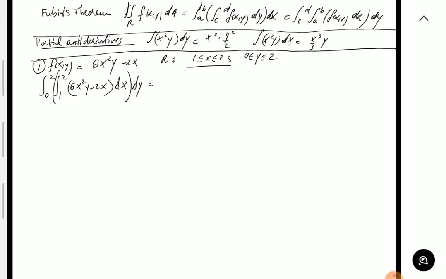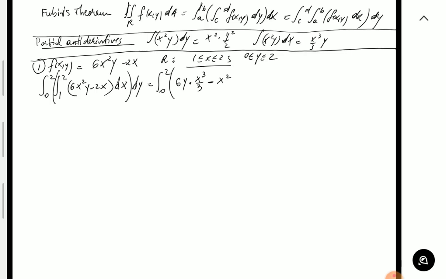So slowly and steadily, keep the outermost integral as it is, and now we keep y constant because we find the antiderivative with respect to x. So right now y is a constant. So I'm going to have 6y, I can pull it out as a constant, integrate with respect to x: x squared over 3, minus the integral of 2x, which is x squared.